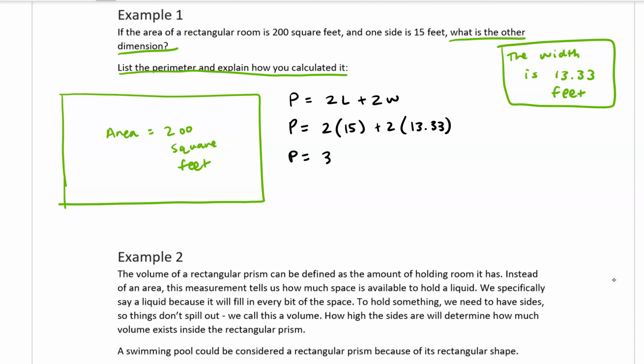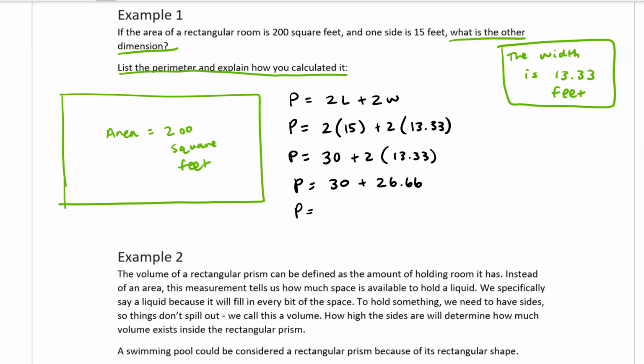So 2 times 15 is 30, plus 2 times 13.33. And then I want to do that next multiplication. So we're going to have 30 plus, if we multiply 2 times 13.33, that will give us 26.66.